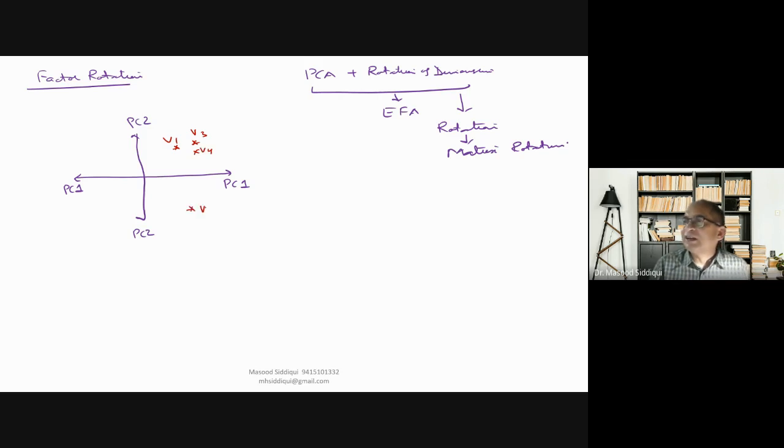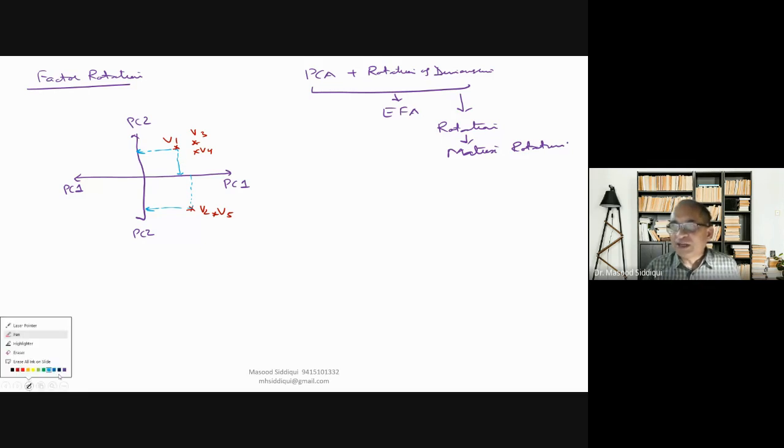Here we have variable 2 and here we have variable 5. Now if we observe variable 1, it is being loaded on PC1 as well as on PC2. In the same way, variable 2 is being loaded on PC1 and also on PC2. So they are showing a high amount of cross-loading.